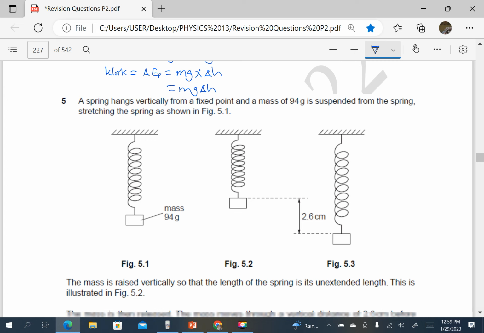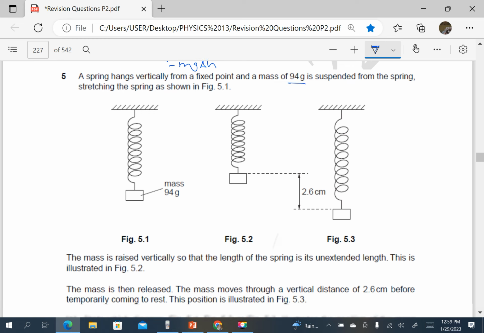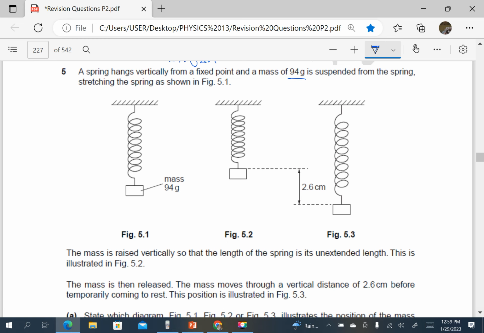The spring hangs vertically from a fixed point, and a mass of 94 grams is suspended from the spring, stretching the spring as shown here. The mass is raised vertically so that the length of the spring is its unextended length.